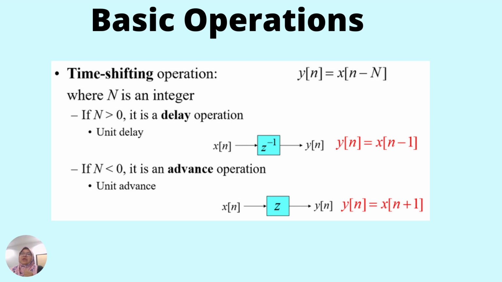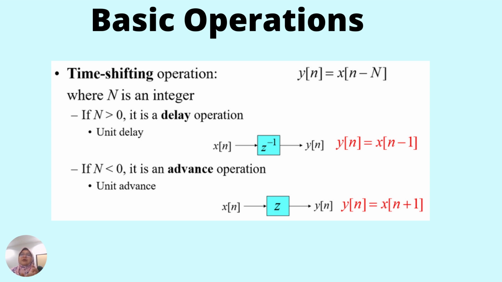Then you have the time shifting operation. There are two types of shifting operation: the delay or the advance. Delay is z to the power of -1, and advance is just z.